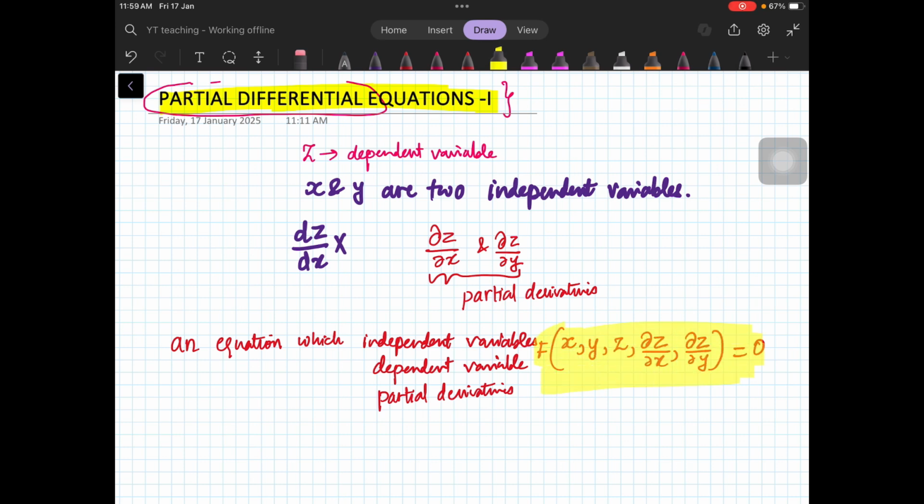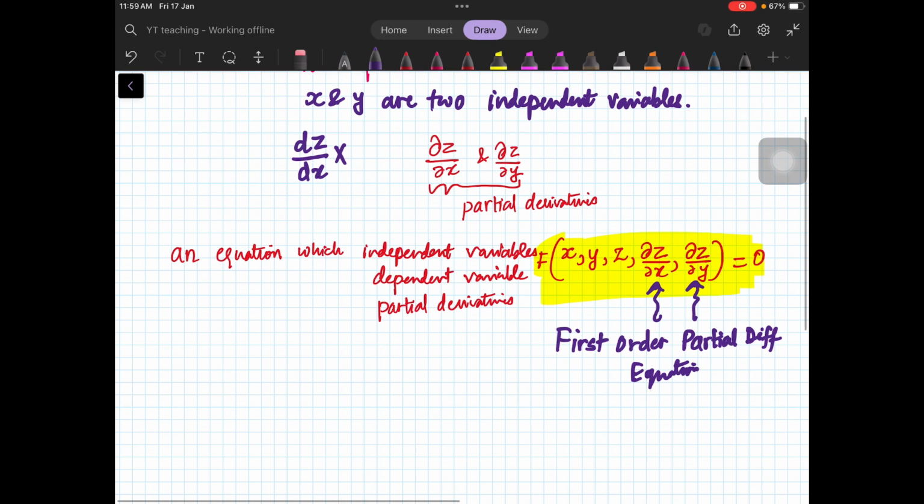Here you are only considering first order derivatives. So let us first focus on first order partial differential equations.